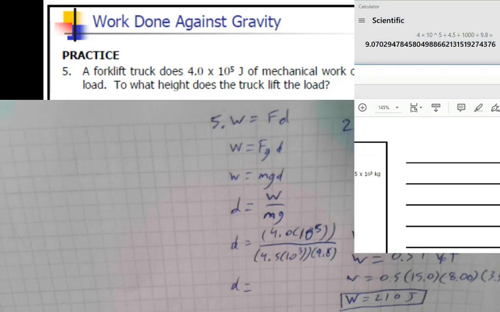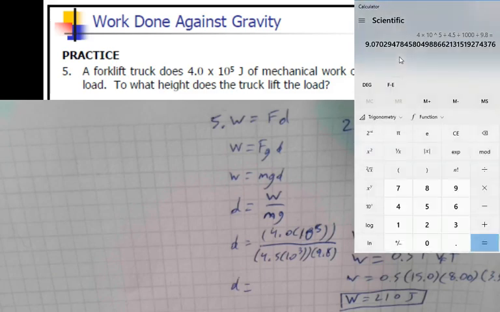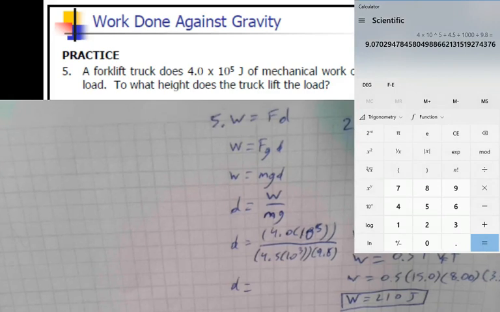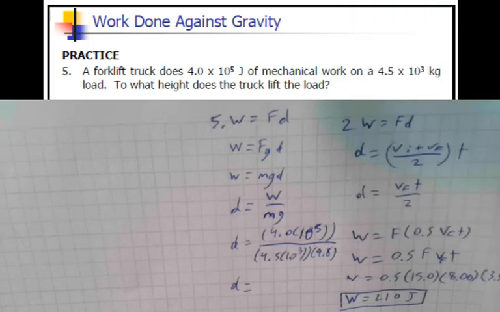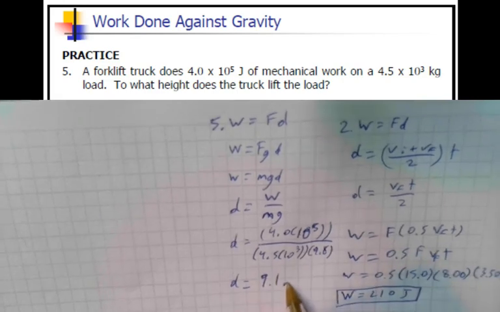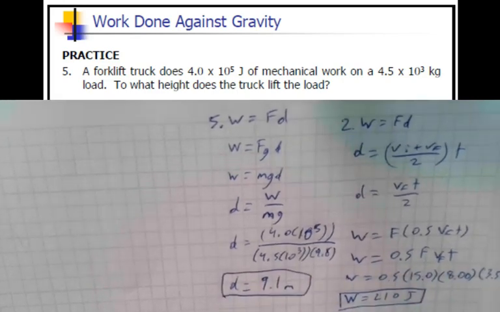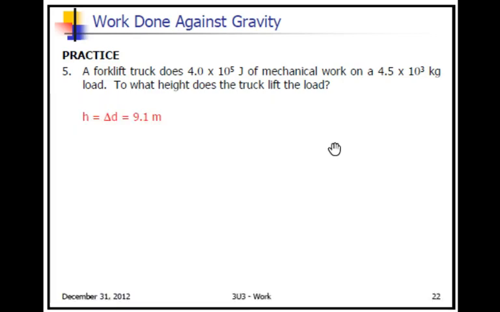So we end up with 9.07, and we have two significant digits, so we have to round that to 9.1 meters. 9.1 meters is the height the load is lifted in that case.